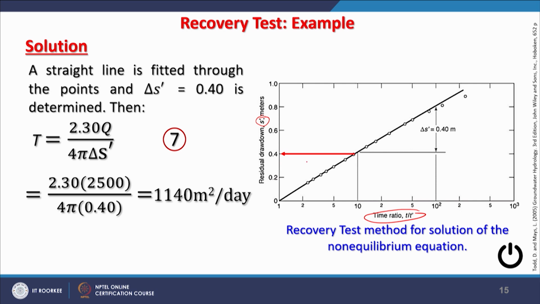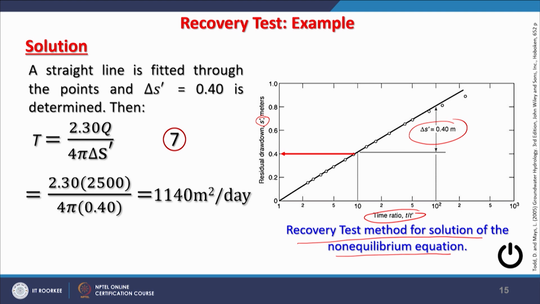With this best fit line I can find values anywhere, and I also get the delta s value here. So, this is the solution for the recovery test method for the non-equilibrium equation.